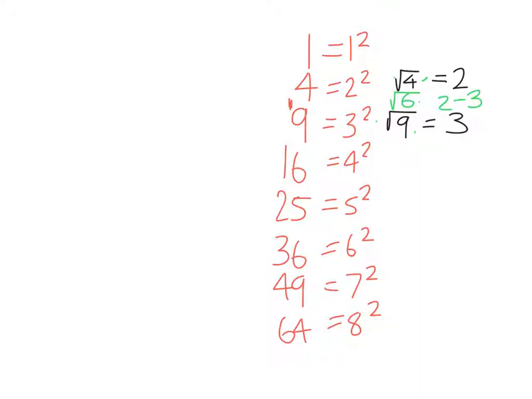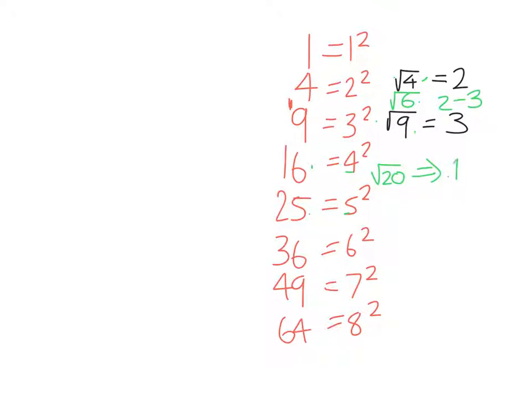Similarly, if I wanted to find the square root of 20, well, 20 is not actually a perfect square. If you put it on your calculator, it would give you another number with heaps of digits after the decimal point, like 4.47. So what I want you to note, because 20 is between 16 and 25, the square root of 20 will be between 4 and 5.